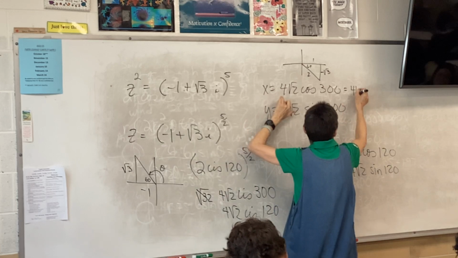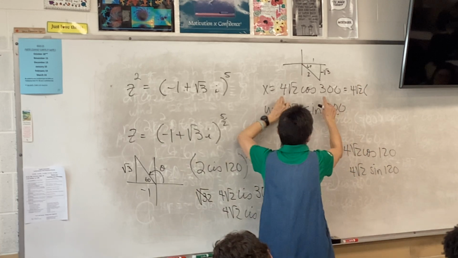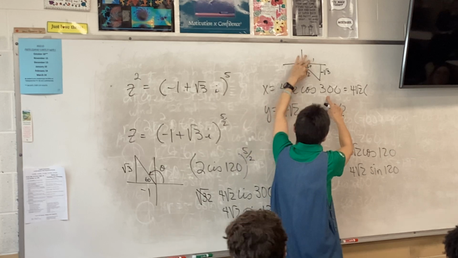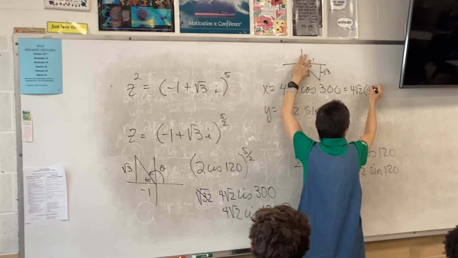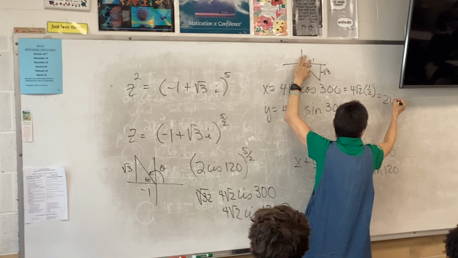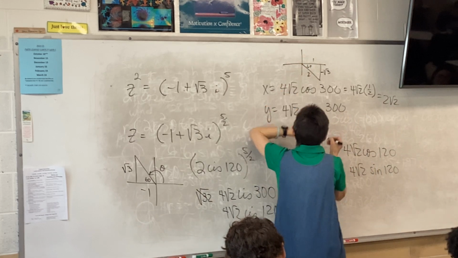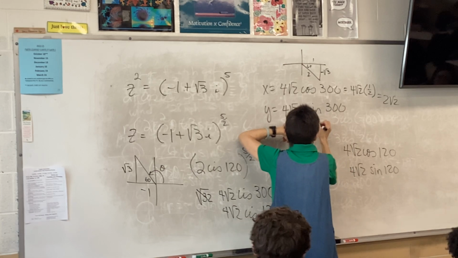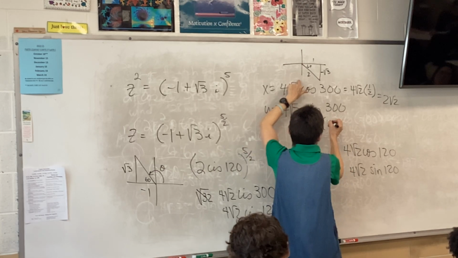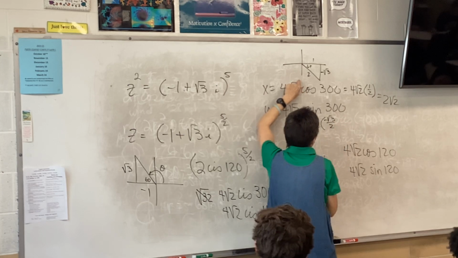So 4 root 2 times the cosine of 300, which is 1/2. So that's 2 root 2 for that one. And then 4 root 2 times the sine, which is negative root 3 over 2.